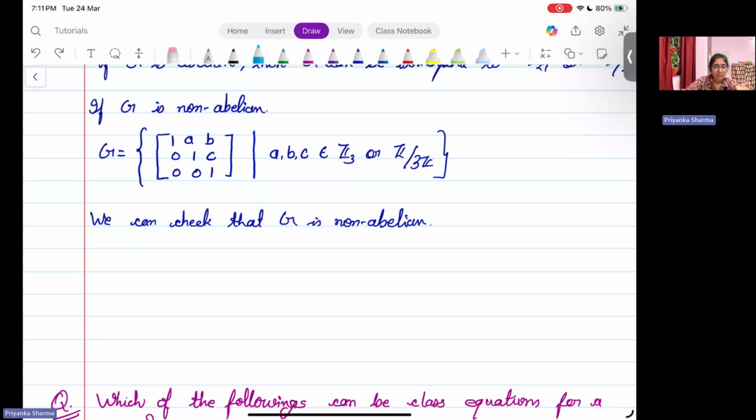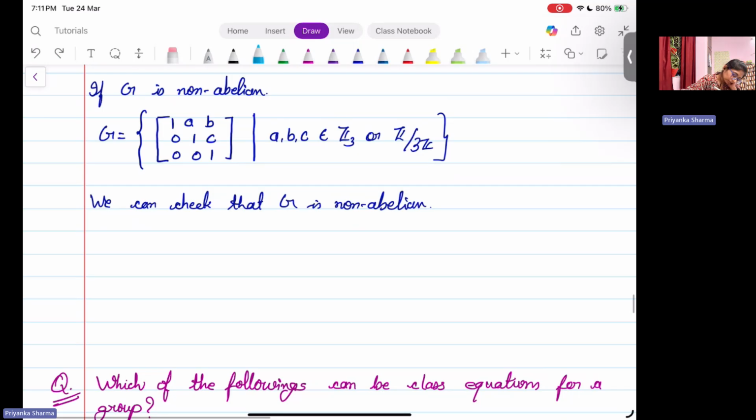The 1 and 0 entries are in Z3. So these 6 elements are fixed. Now A, B, and C, that is these 3 elements, can be chosen in Z3.